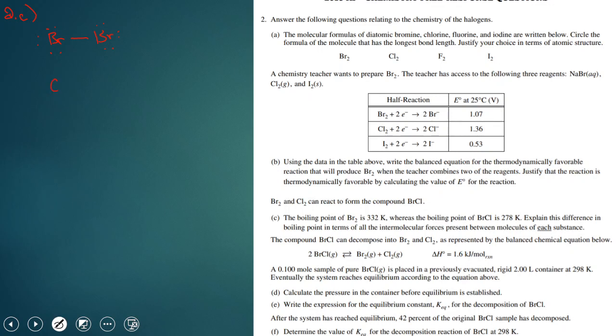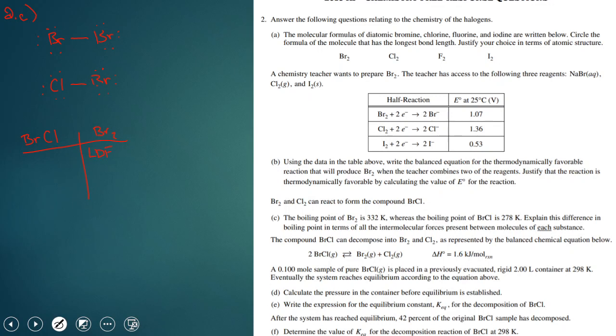So I'll draw my BrCl. And so if you consider BrCl versus Br2, well, in Br2 we only have LDFs.